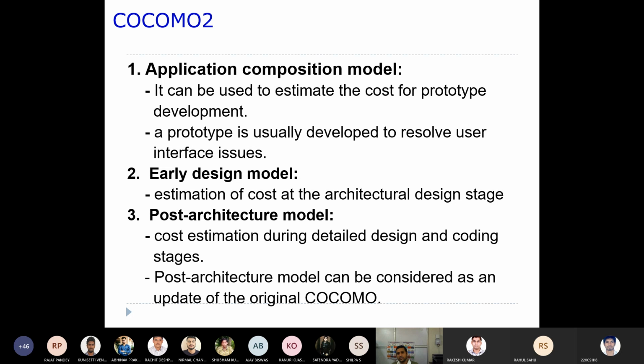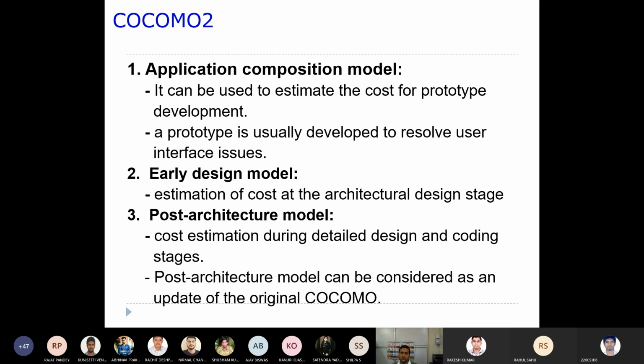The application composition model is used to estimate the cost of prototype development. Before you develop any project, you usually go through prototypes.